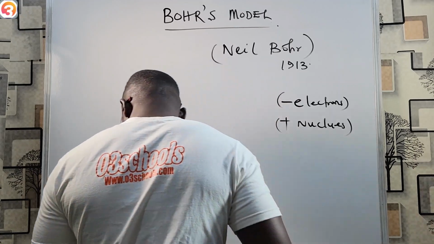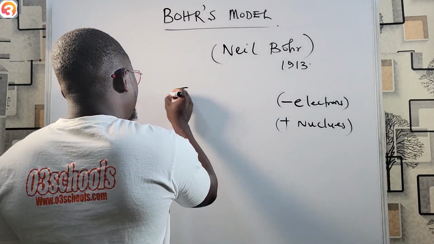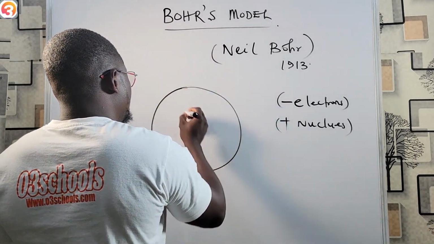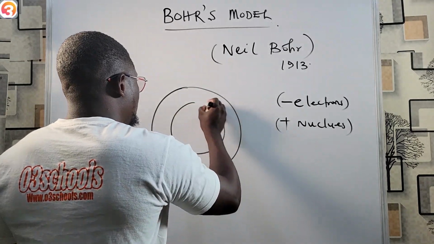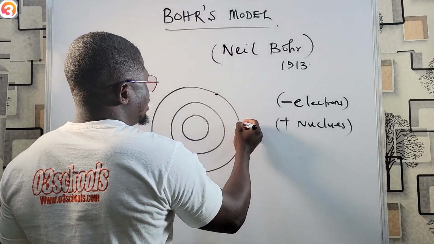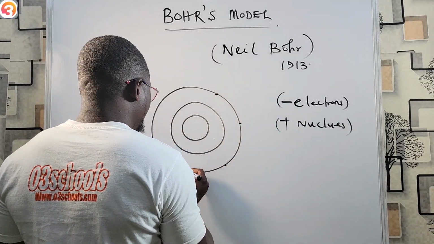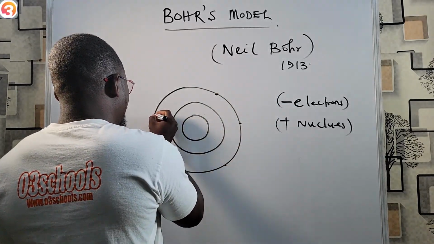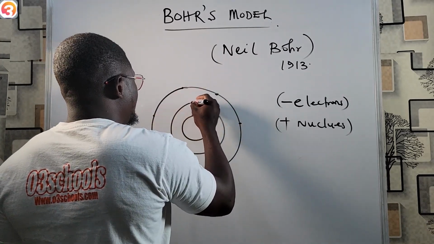So you're having something like this. You can see electrons at the edge, revolving around, orbiting around the nucleus. These are electrons.